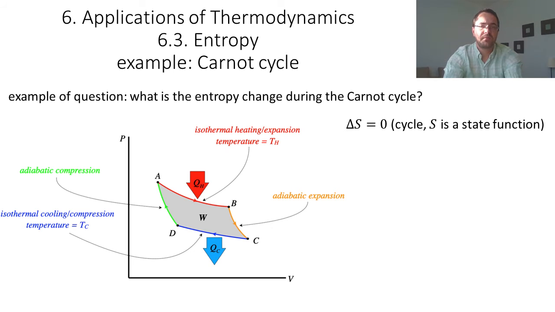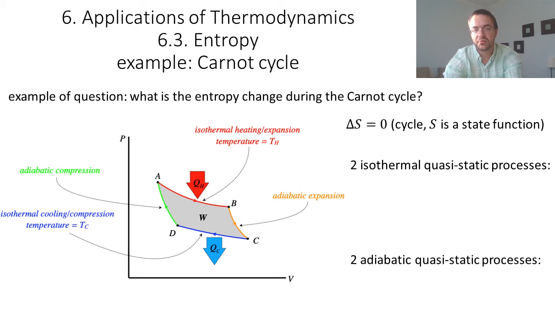But we should also be able to find this if we add all of the delta S of each step. So remember, the Carnot cycle has 2 isothermal quasi-static processes and 2 adiabatic quasi-static processes. So for the 2 isothermal processes, we can write delta S equals Q over T. So we have QH over T hot plus QC over T cold.